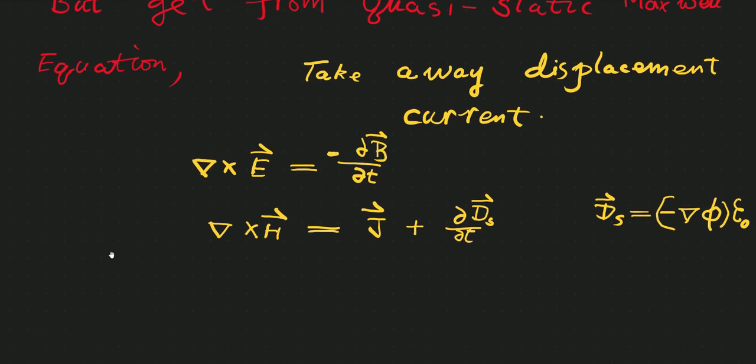So this is quasi-static Maxwell equations. We can also still call this Maxwell equations.